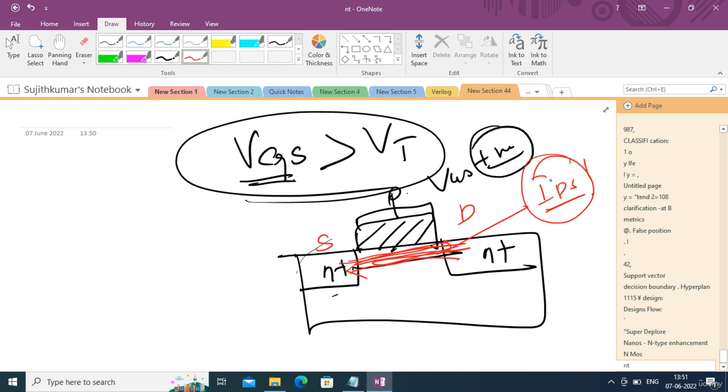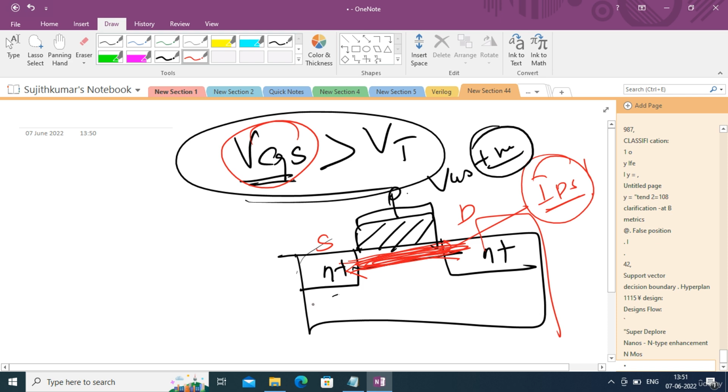Okay, I hope you're clear. And not only the input voltage, to make these electrons flow we have to give a pushing force, and that is given by another supply called the VDS supply. Another voltage should be connected, VDS. Then only the current flow will happen. Simply connecting VGS will not make any current flow.